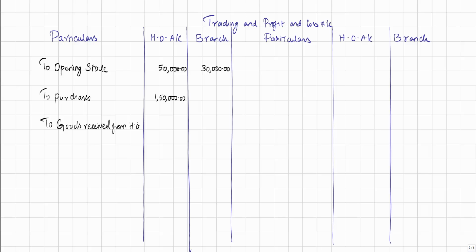As far as the branch is concerned, the value is 1,08,000, so in branch column we'll write 1,08,000. Then as far as HO is concerned, by goods sent to branch, in the HO column we'll write 1,08,000.